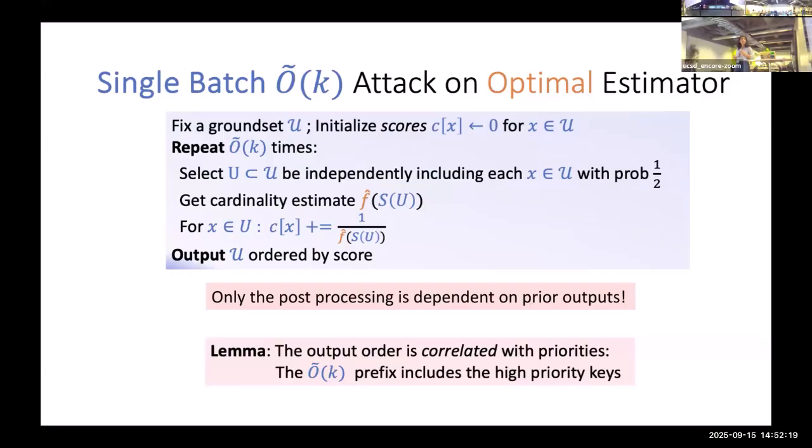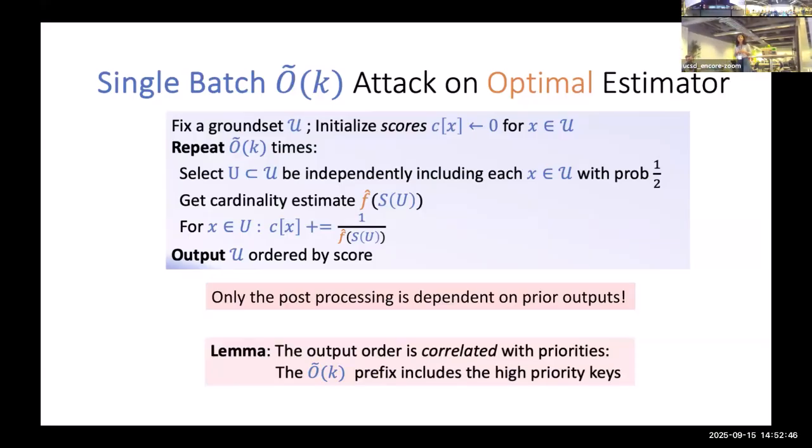And then I will make O tilde of k queries. So every time we will sample each point with probability half, and then we will have some set U. Then we will ask what is the cardinality estimate of this set U, and then we will increase the score by 1 over the estimated size.